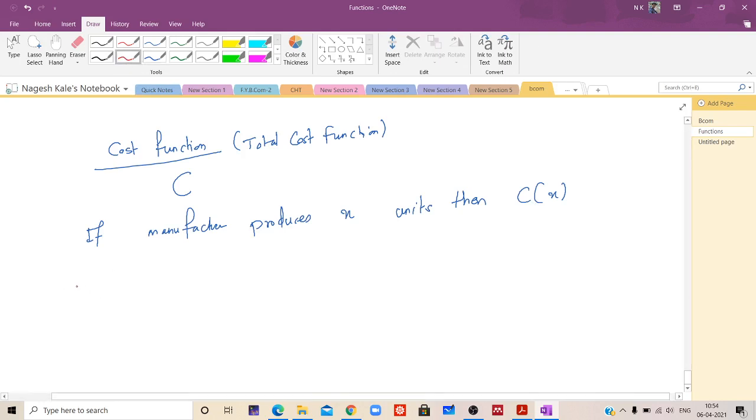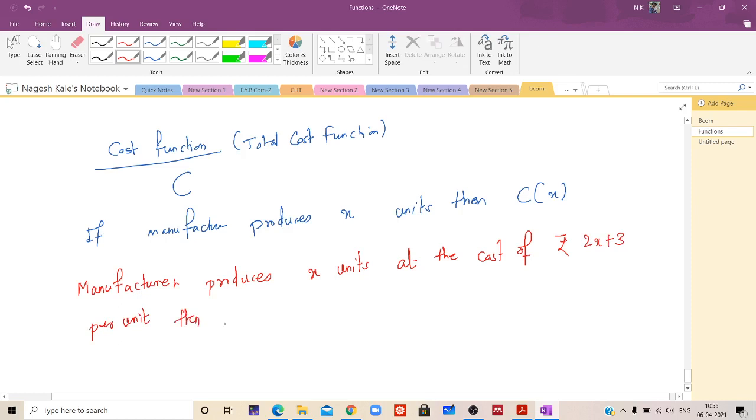Suppose a manufacturer produces x units at the cost of rupees 2x plus 3 per unit. Then what is the total cost function?